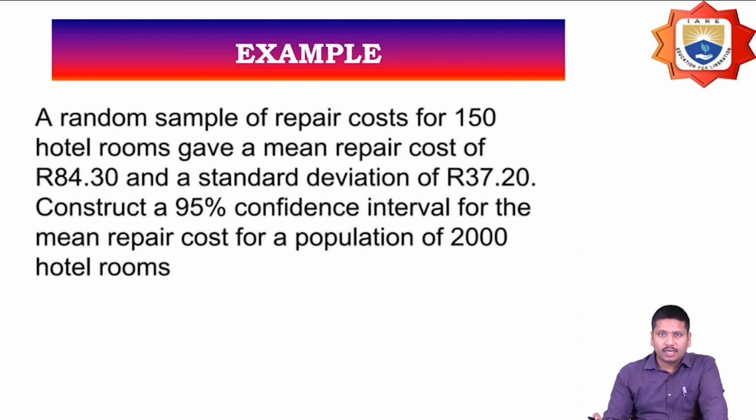Let's take an example. Suppose we have a random sample of repair costs for 150 hotel rooms, which gave a mean repair cost in rupees and a standard deviation. How do we construct a 95% confidence interval for the repair cost of a population of 2000 hotel rooms? That is the problem.